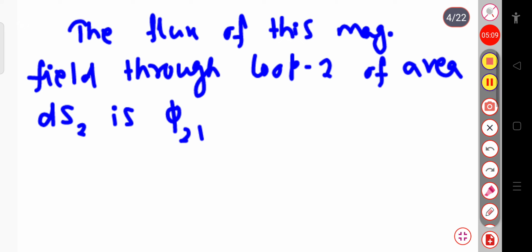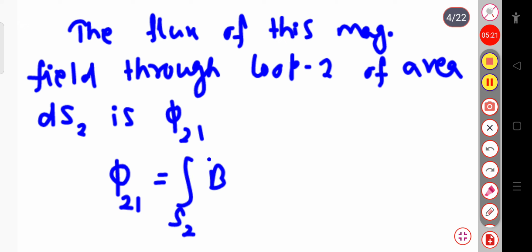So the flux in coil 2 because of the current in the first coil is phi equal to the surface integral over S2 of B1 dot ds2.